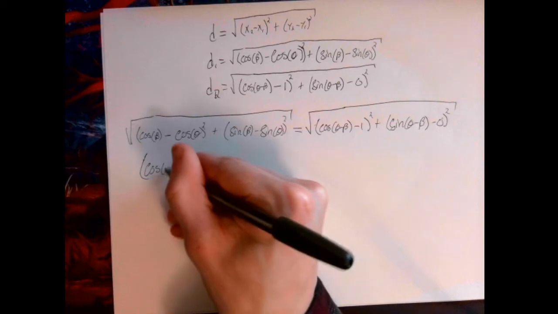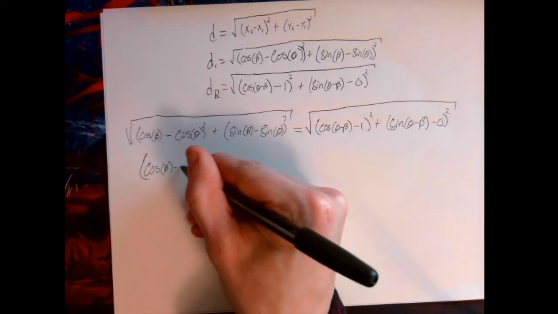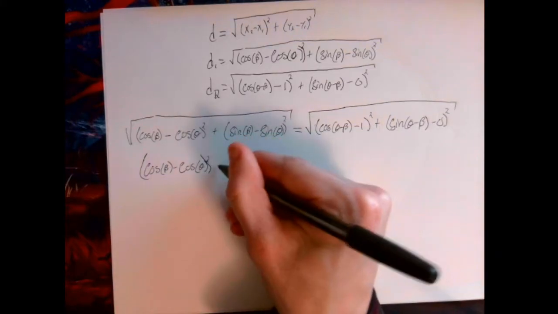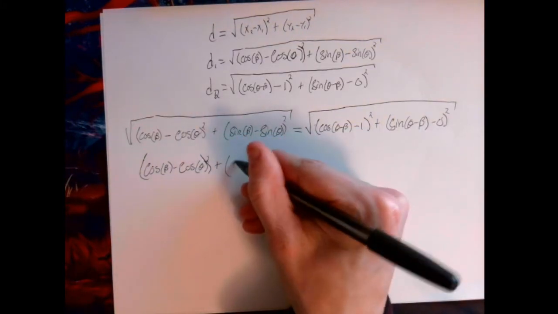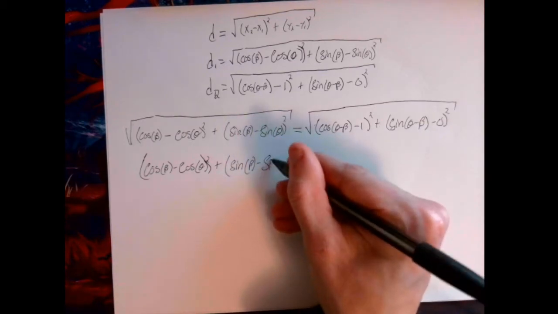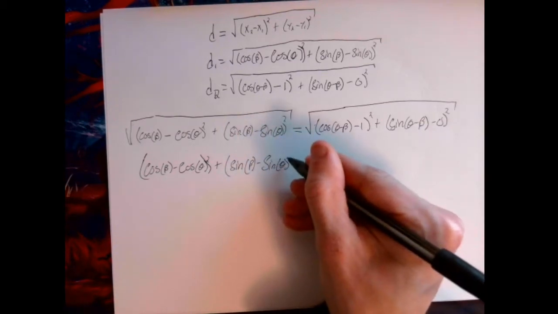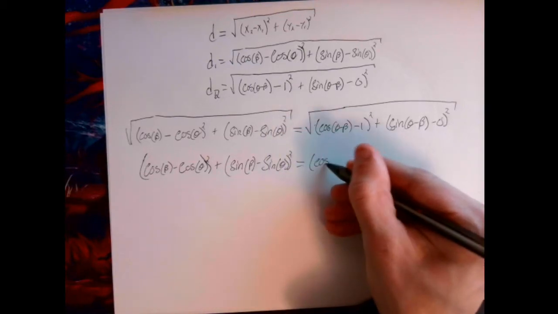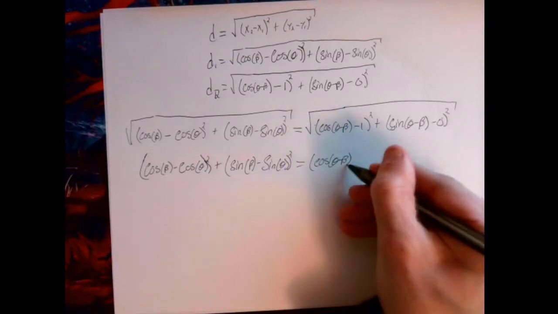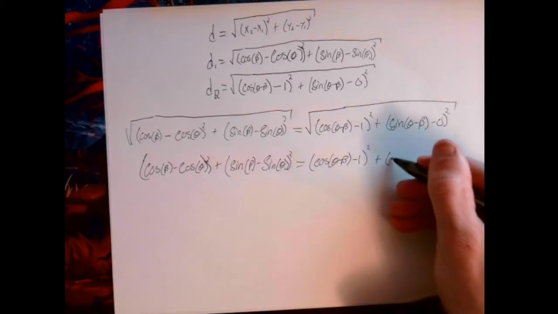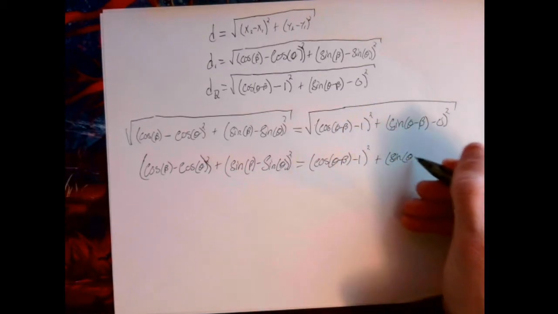cosine of beta minus cosine of theta squared plus sine of beta minus sine of theta squared equals cosine of theta minus beta minus 1 squared plus sine of theta minus beta squared.